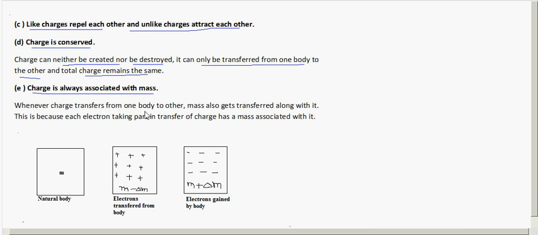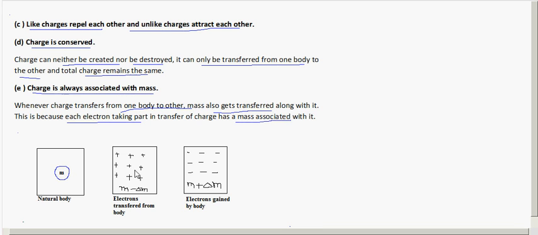So the second property is important, that charge is quantized. The first one is that charge is a scalar quantity, the next one is that charge is quantized. Next we will see the third one, which is the easiest: like charges repel each other and unlike charges attract each other. I guess you already know this, just like magnets, like poles and unlike poles.